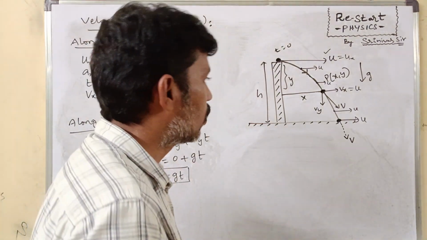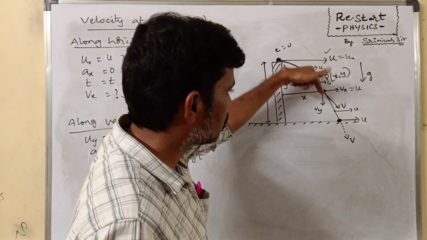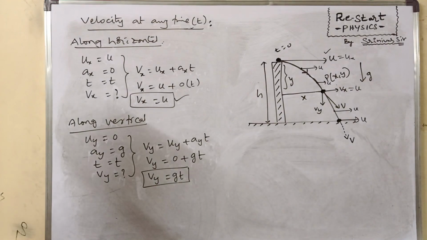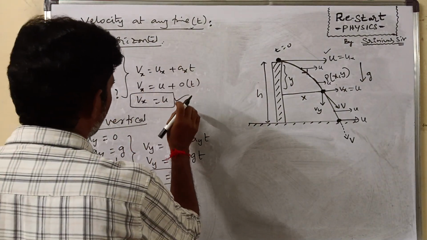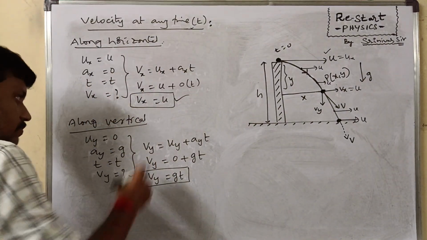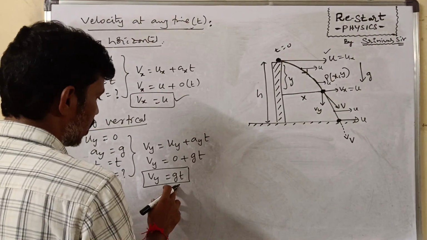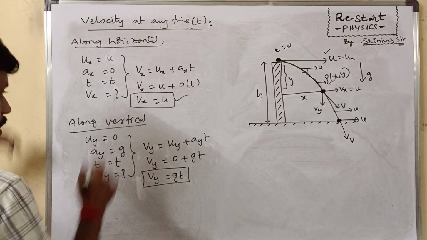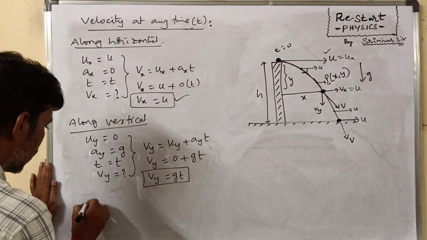Understood? So the vertical component of velocity increases from top to bottom in the horizontal projectile. Along the horizontal there is a component of velocity, and along the vertical there is a component of velocity.